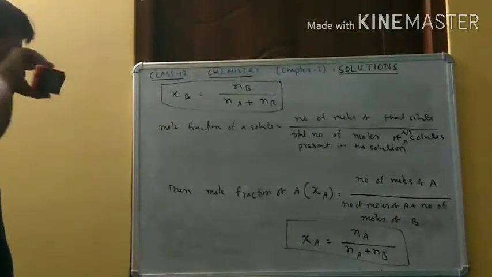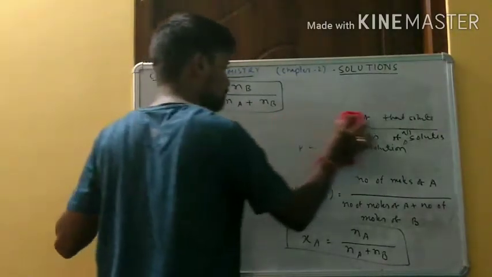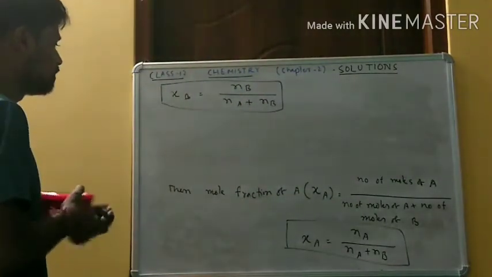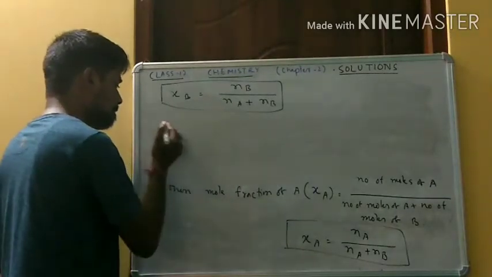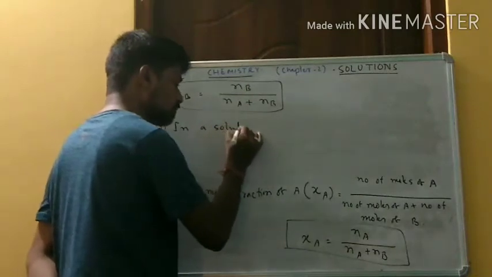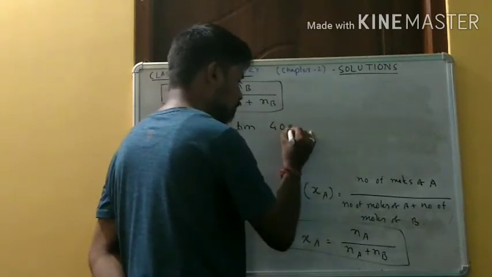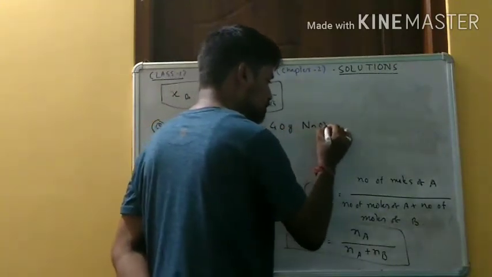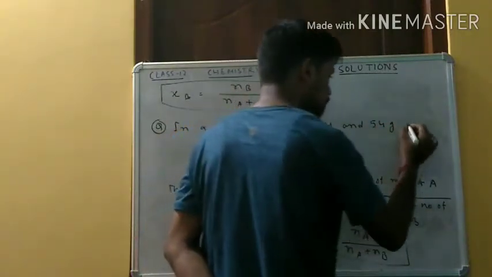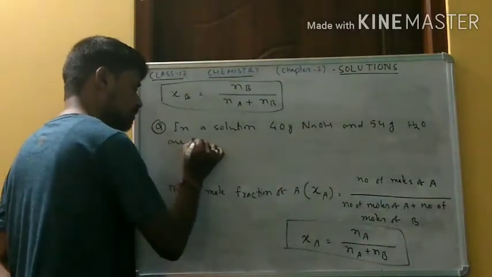Now let us solve a question related to mole fraction. The question is: in a solution, 40 gram NaOH and 54 gram H2O, water, are present.